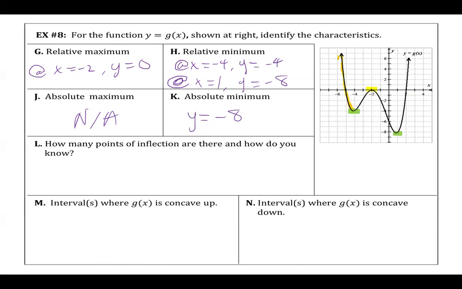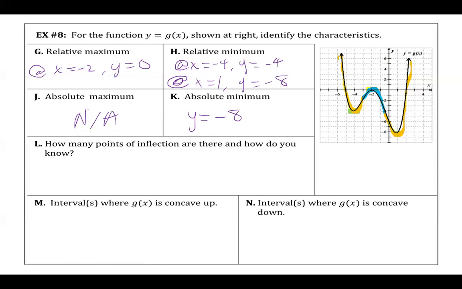So notice that I am concave up from here to here. I'm also concave up from here to here. Okay, then I have points of concavity, being concave down. So it's concave down from here to here, right?